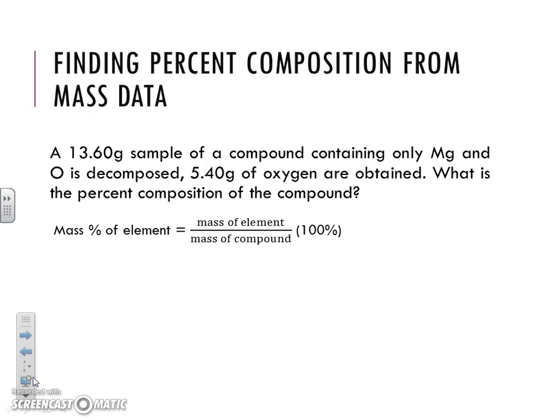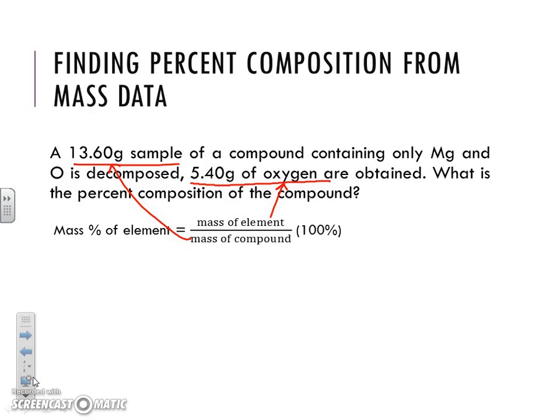We can also find percent composition even if we don't know the formula of a compound, as long as we have some data on the mass of a compound. So if we had a 13.6 gram sample of a compound and it contained only magnesium and oxygen, and we decompose it and do some experiments and find out that there are 5.40 grams of oxygen, then we can actually calculate the percent composition, because even though we don't have a formula, we still have a mass of the element, oxygen, and we still have a mass of the compound.